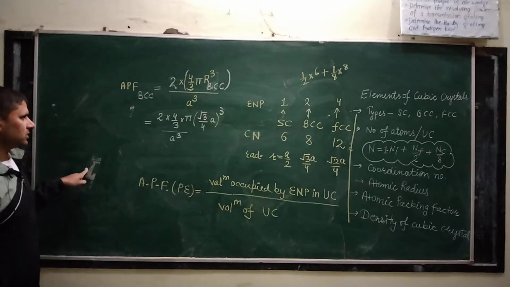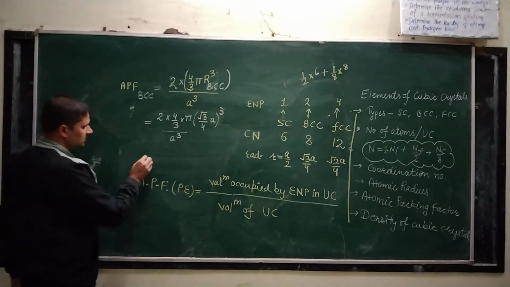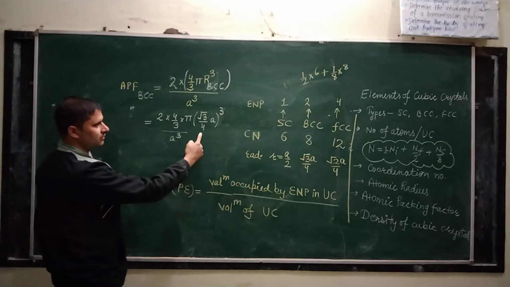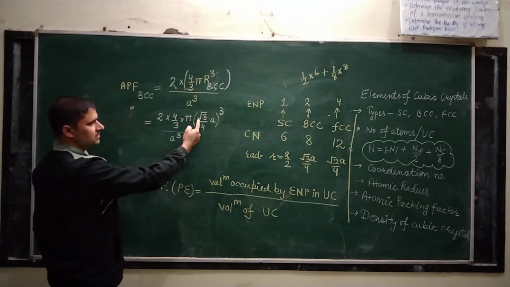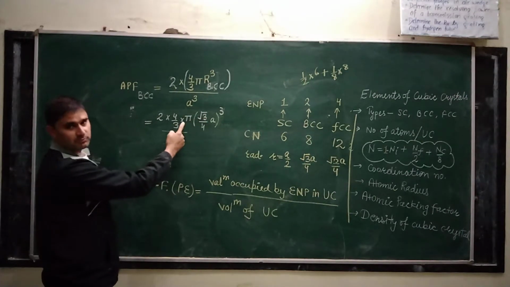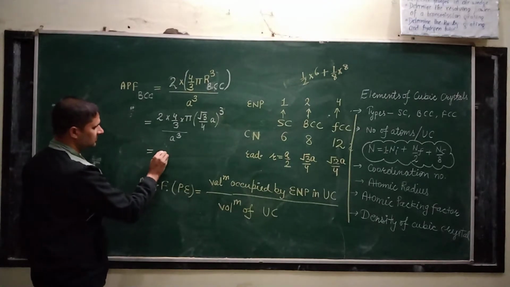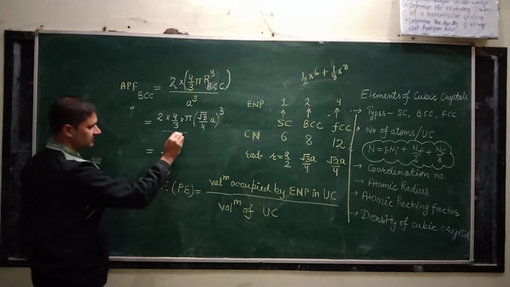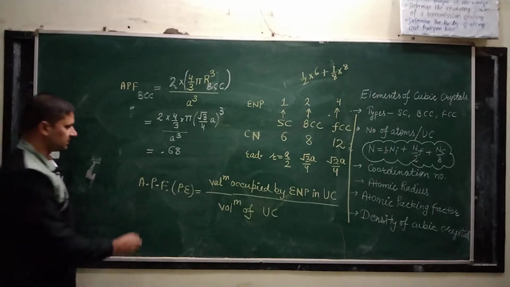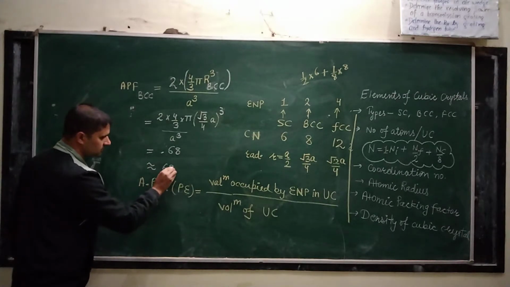Okay class, if you solve all these things, A cube will cancel out here, and it will be 64, and it will be 3√3. So 3 will cancel, you are left with √3. You will put the value of pi and solve all these things, then you will get the result equal to 0.68. Okay, and if you find it in terms of percentage, then it will be about 68%.